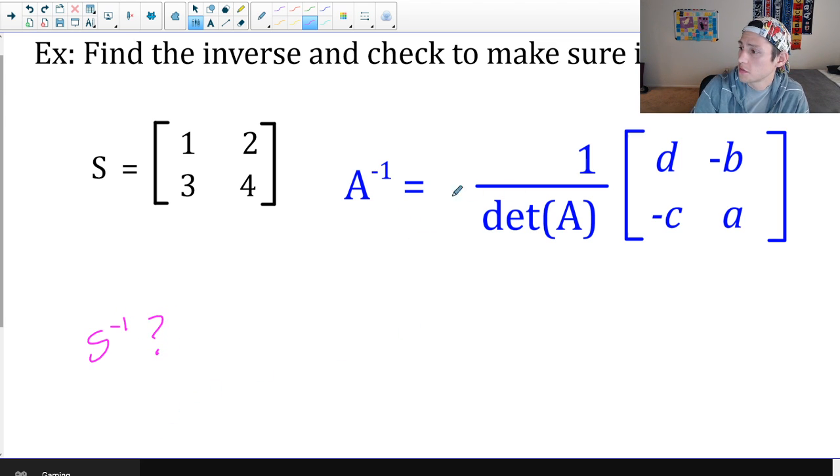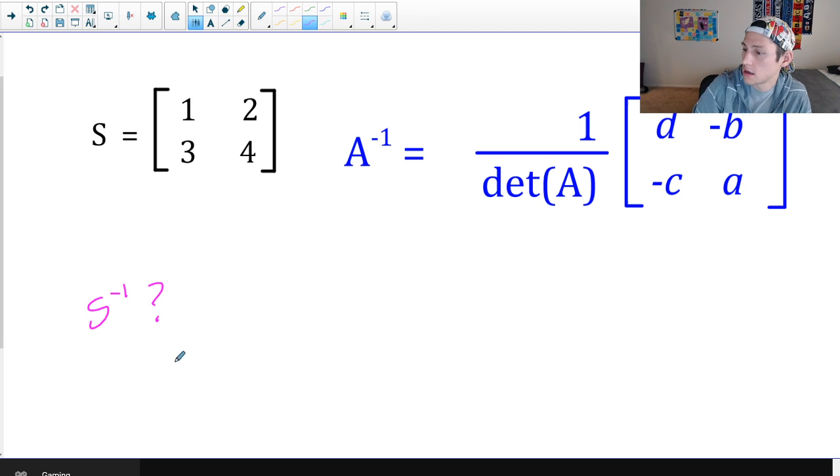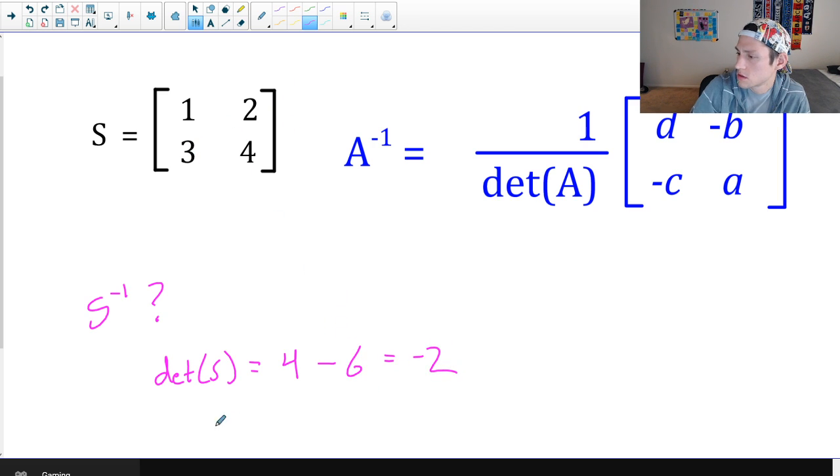Well, the first thing that I need to do is figure out what is the determinant of S. So remember our formula, 1 times 4 is 4, minus 3 times 2, 6, so negative 2.